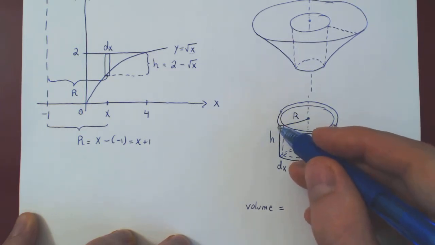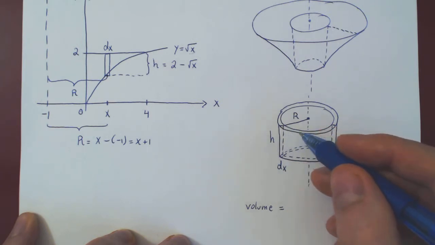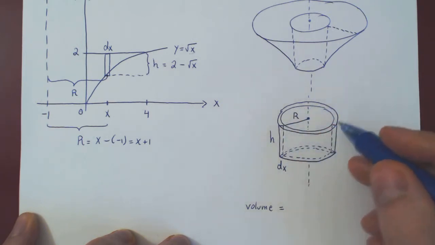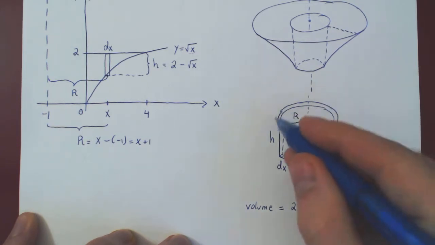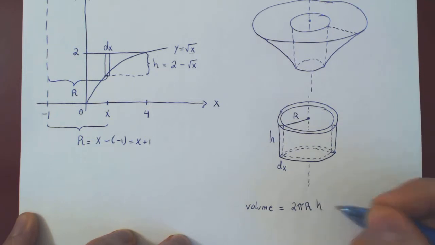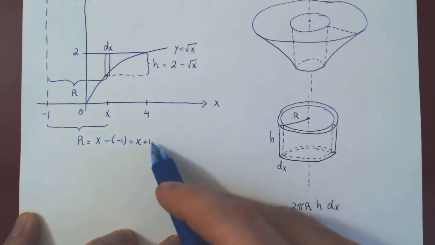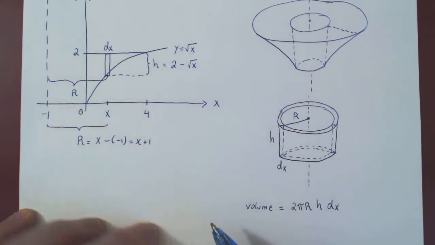The area will be the height h times the length, but the length of the rectangle is the circumference of the shell, which is 2 pi r. So length of the rectangle, circumference of the shell times the height, gives you the area of the rectangle times the thickness gives you the volume. And then we have r and h, so everything is okay.